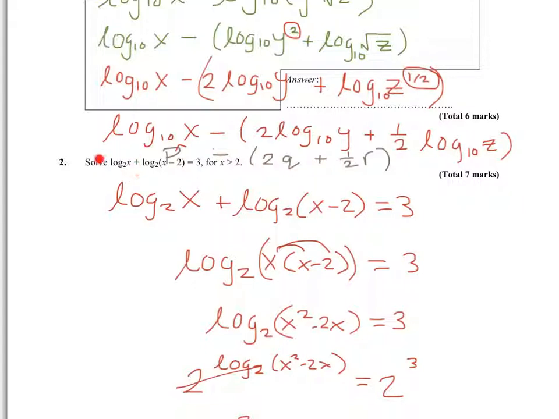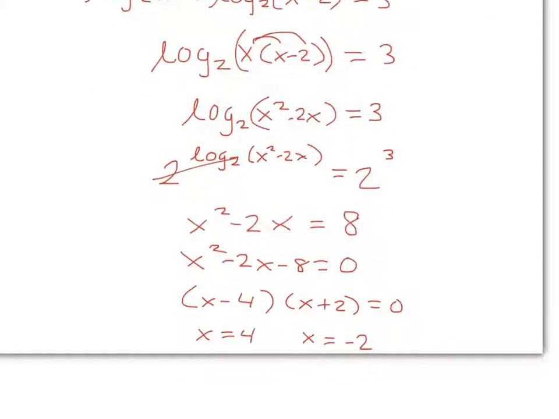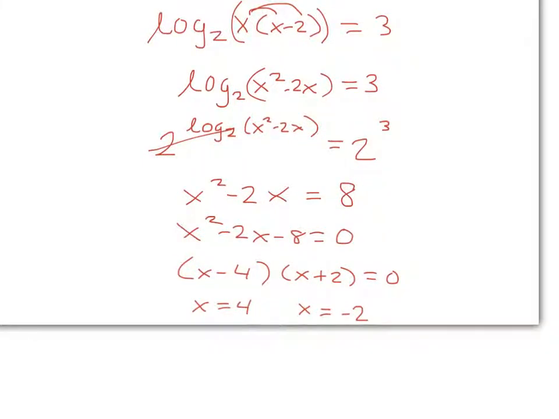Can we have a log of a negative? No. So can x be negative? No. So we can go back to our two answers and say, oh, we may have gotten x equals 4 and x equals negative 2, but we can't have x be negative because it'll give us the log of a negative. So we only have one answer, which is x equals 4.